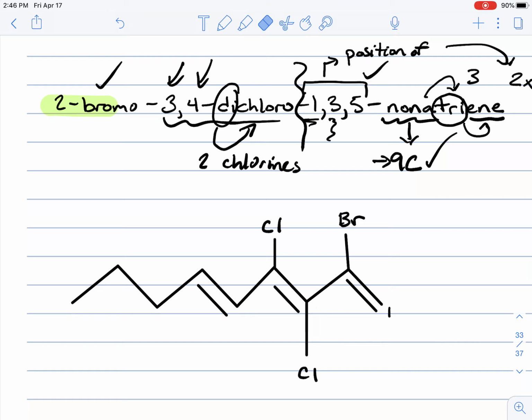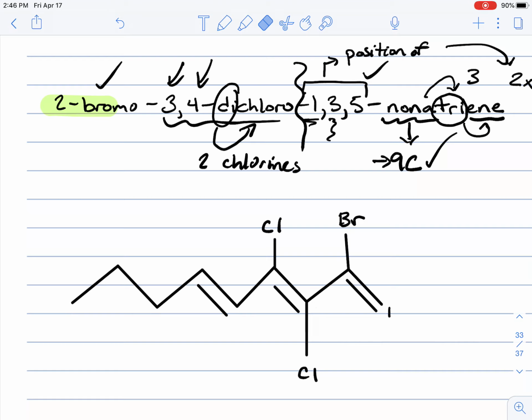And after we figure out the longest chain, we're going to go ahead and number the carbon chain to give the triple bond the lowest carbon number. And so once again, we see a shift in prioritization between our halogen and alkyl substituents to that of the triple bond.